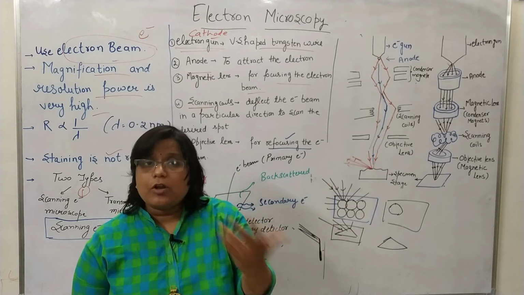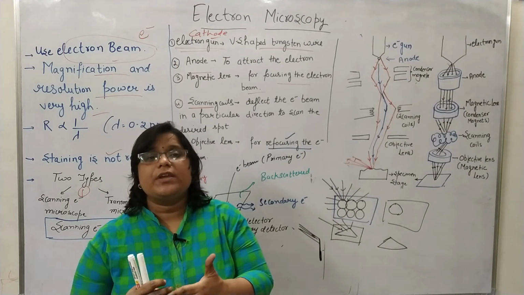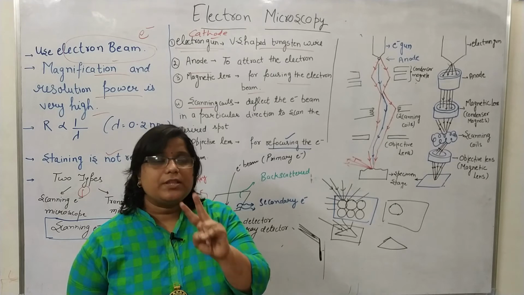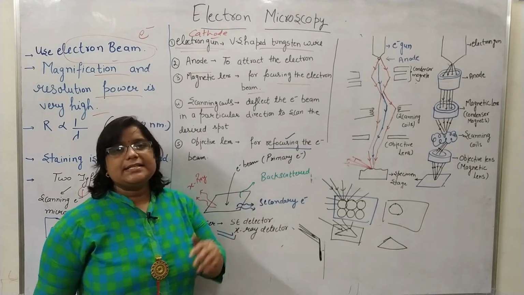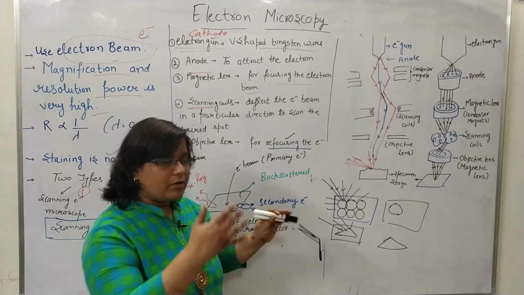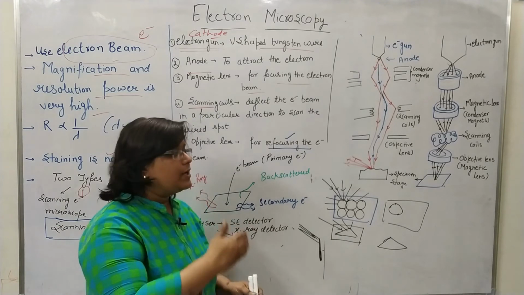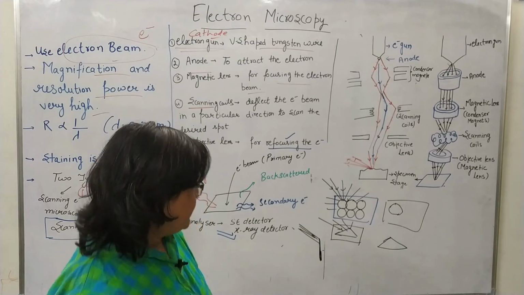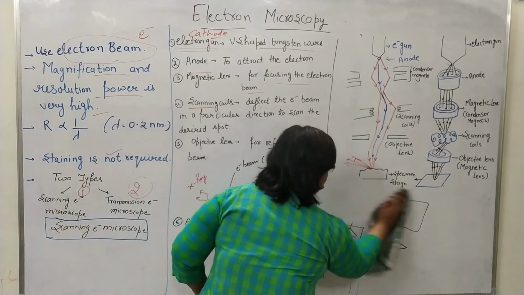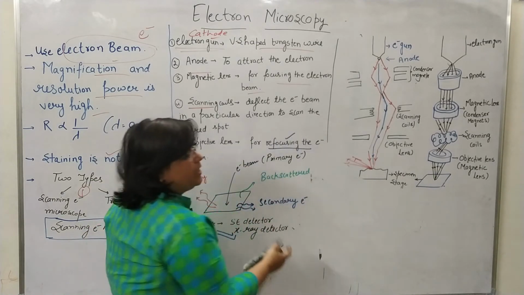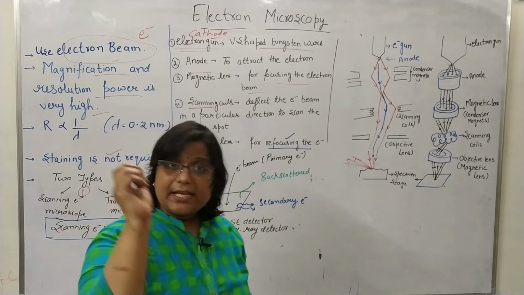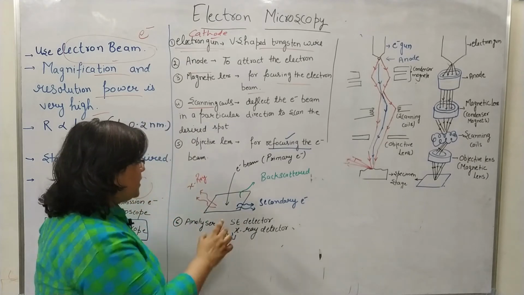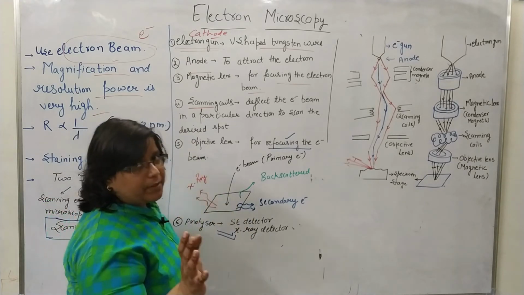But before observing the image, let us see how we are able to see it with the help of the main three incidents which happen after the interaction of the electron beam with the specimen.